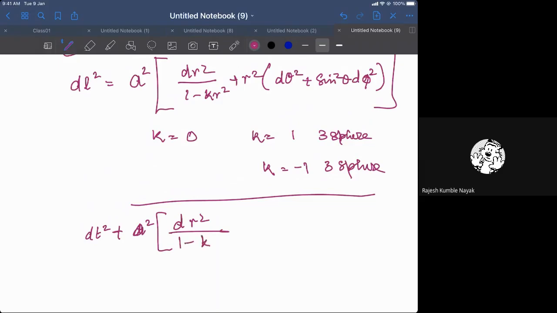Now that depends a lot on what a is, and based on what cosmological model you are building, a can decide what you should contain and what should not contain.